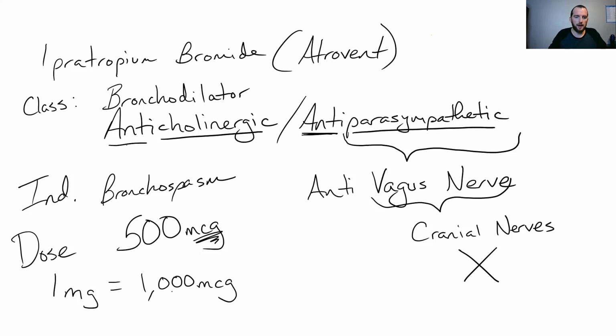But if we were looking at the math, 1,000 micrograms is 1 milligram. So half of that, 500 micrograms, is the same thing as 0.5 milligrams, half of a milligram. But most everything is typically phrased with Atrovent in micrograms. So it's 500 micrograms.